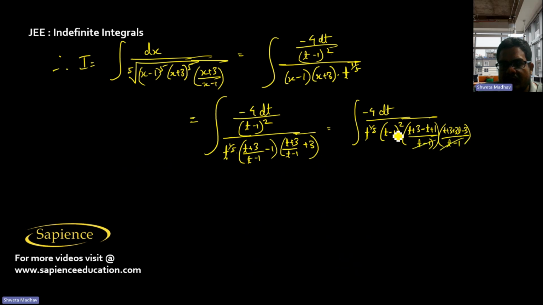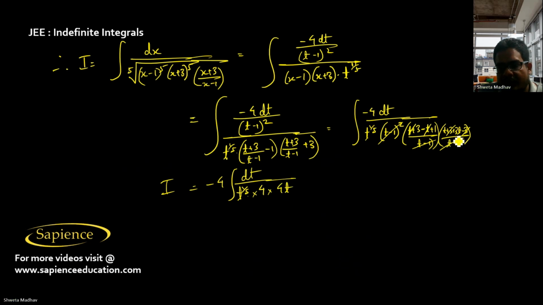So these two will get cancelled. Then we will get minus 4 integral dt by t power 1 by 5 into, this 2 will cancel out and this 3 will cancel out, into 4t. This 4 will cancel.